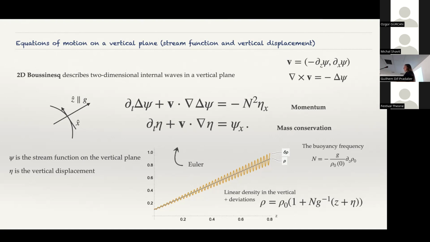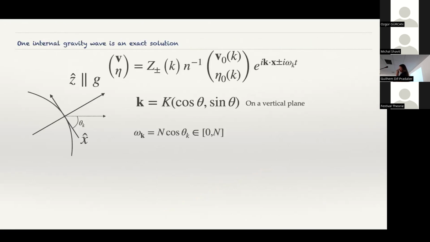Okay, and it's not very important for you to remember how the equations look. You can think about it as the Euler equation that has also gravity. This is a good approximation to think about the Boussinesq equation.